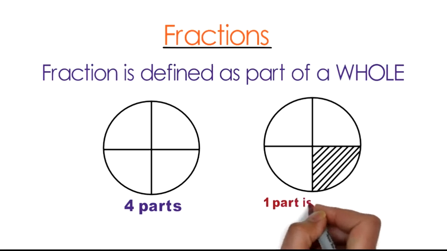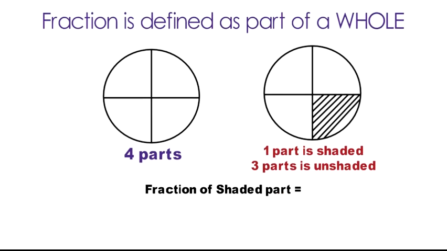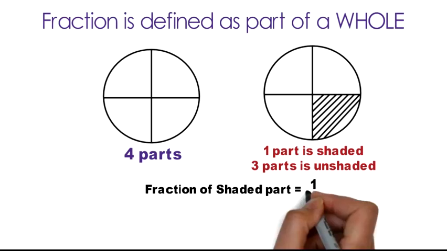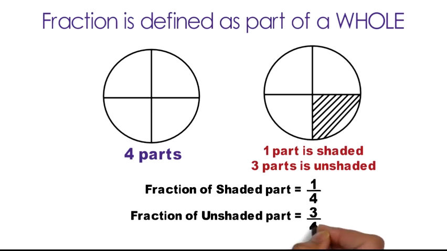In the second diagram, one part of the circle is shaded, and the other 3 parts are not shaded. The fraction of the shaded part is equal to 1/4, while the fraction of the unshaded parts is equal to 3/4. This is what a fraction is.